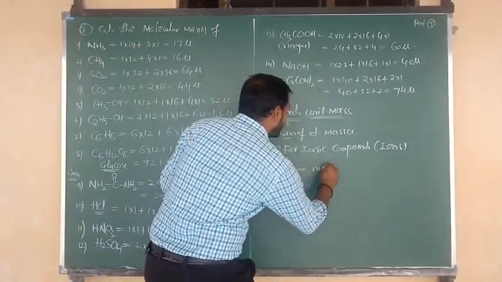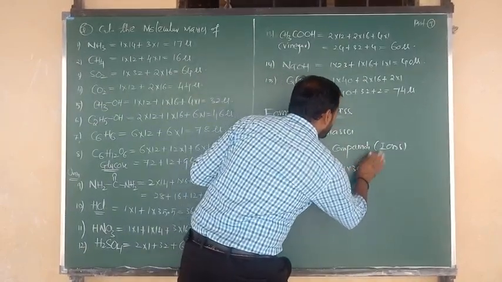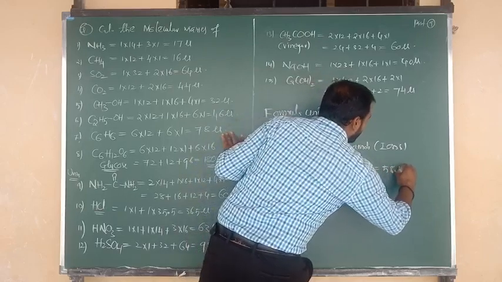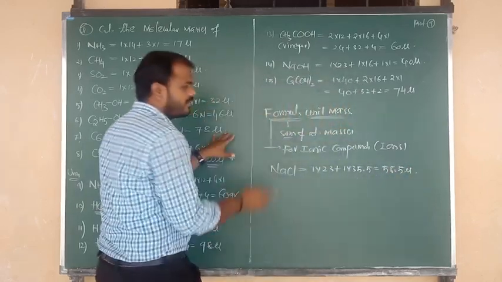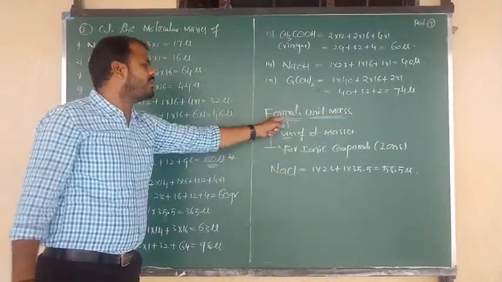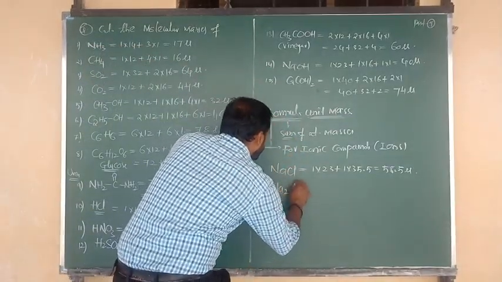One sodium is there, sodium mass is 23. One chlorine is there, chlorine mass is 35.5. So total answer is 58.5 units. This is not molecular mass, we have to say formula unit mass, because it is an ionic compound. Next one I am going to write sodium carbonate.